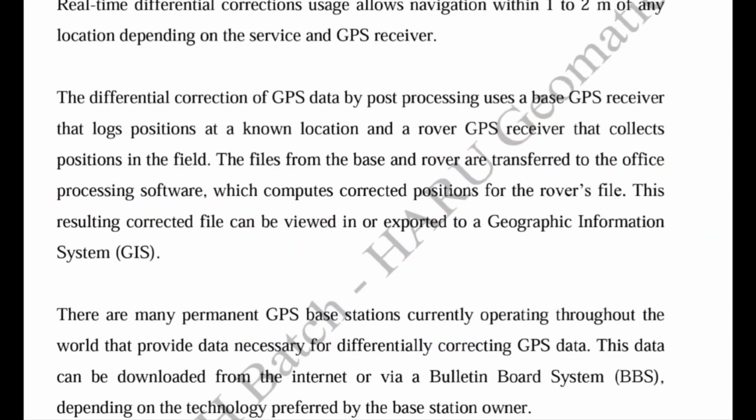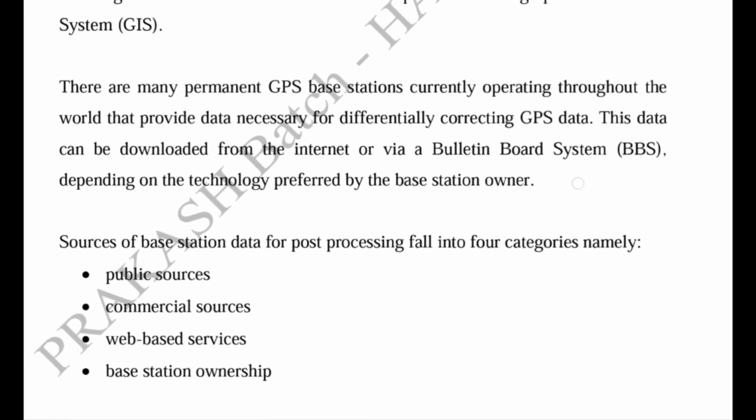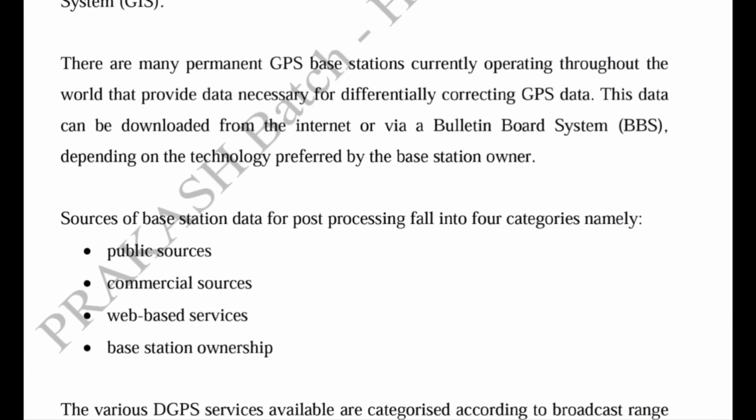The corrected data is viewed or exported into GIS, a geographical information system, in which the data can be analyzed and post-processed to find an output. So basically these are two types of DGPS technique, and we will study other DGPS techniques in the third unit.